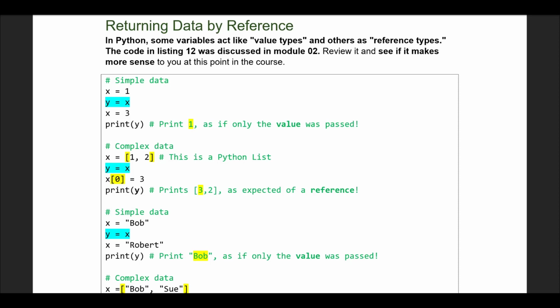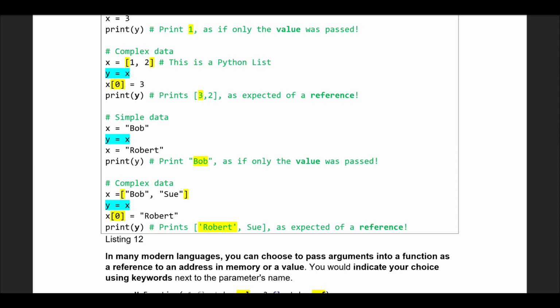But that's different when we use complex data. If I use a list by indicating a square bracket, and then I pass over a reference to that list from the x variable to the y variable, any changes to the x variable will have an impact on y because the two are pointing to the same location.